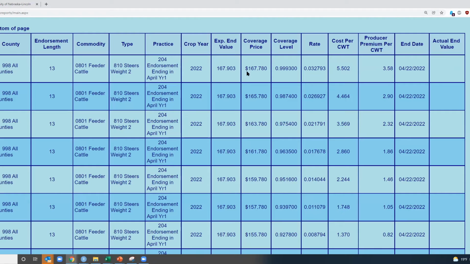What that means is once April 22nd comes around, if the national price is lower than 167.78, we will receive the difference between what the price was and this coverage price multiplied by the number of pounds insured. And so you can really go down here and you can choose different coverage levels.